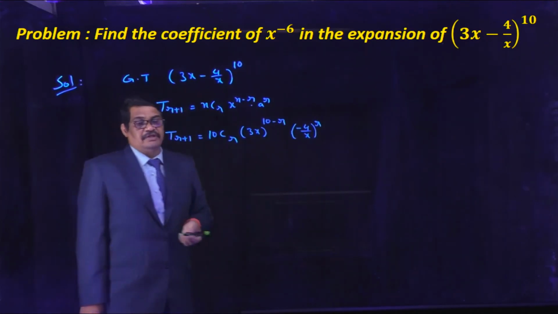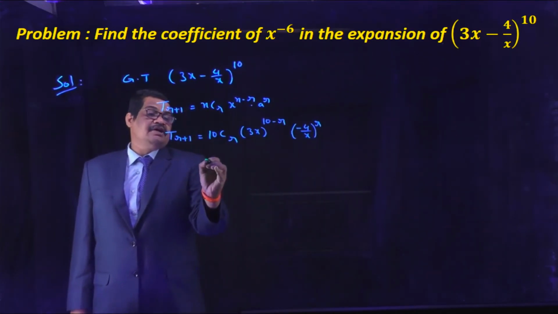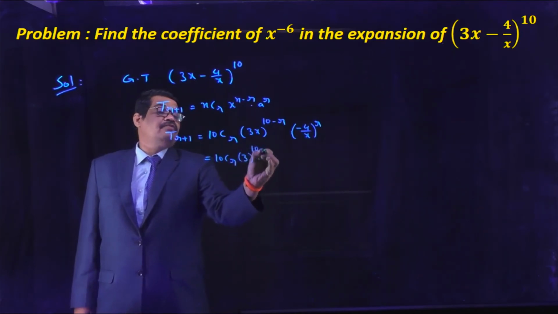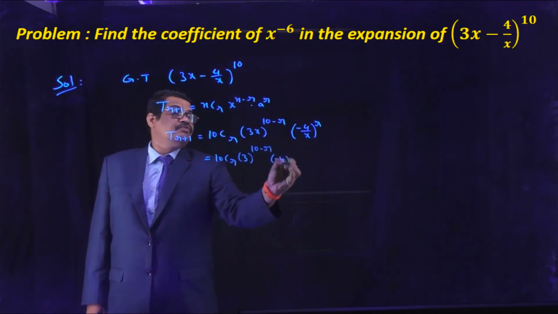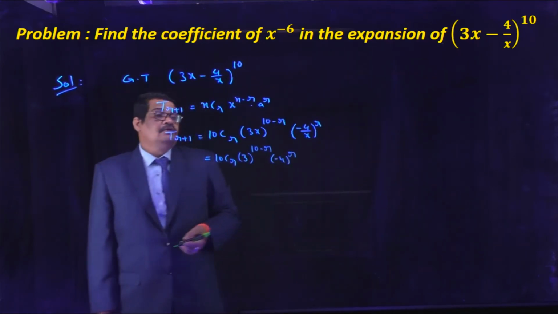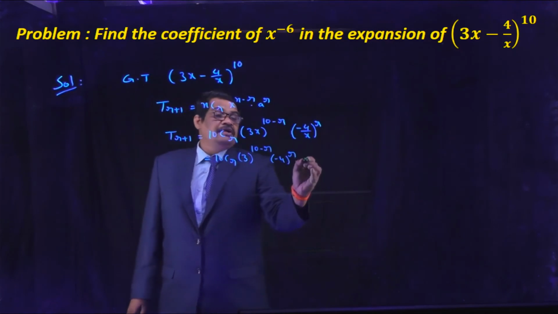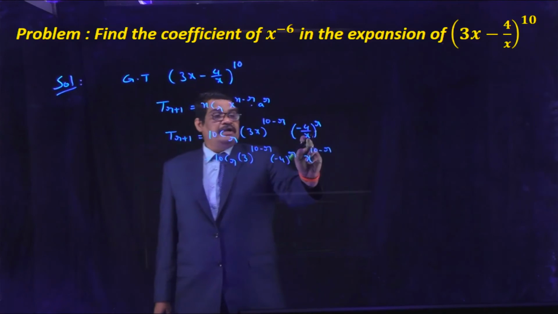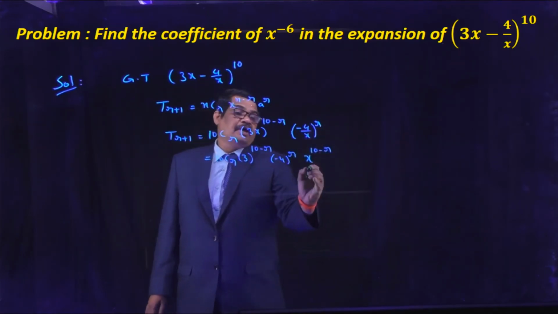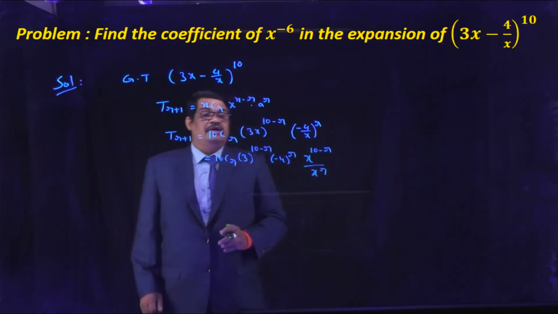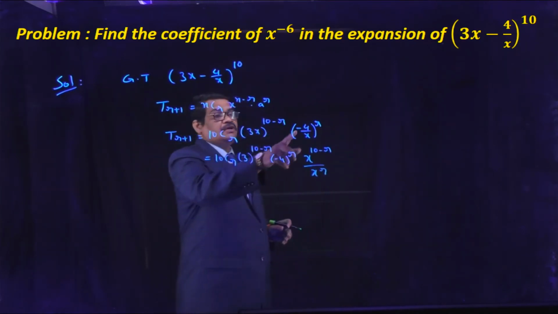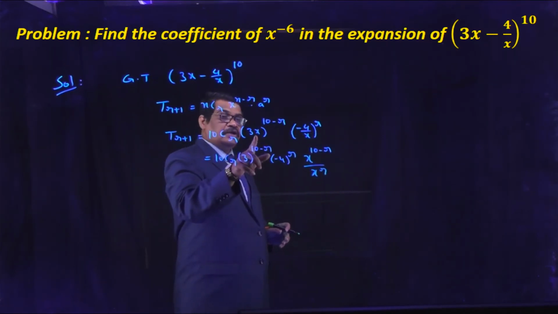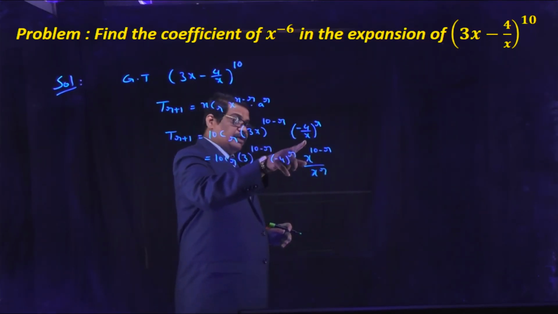So now we are simplifying this one, that is 10Cr into, here the constants 3 to the power of 10 minus r and minus 4 to the power of r. These are the constant terms, and here x to the power of 10 minus r, in the denominator x to the power of r.